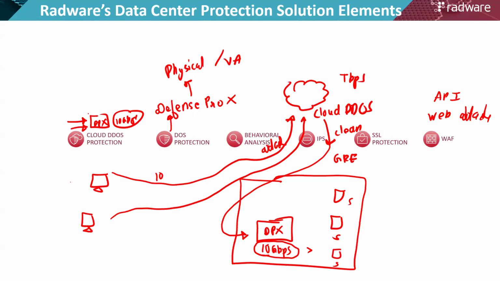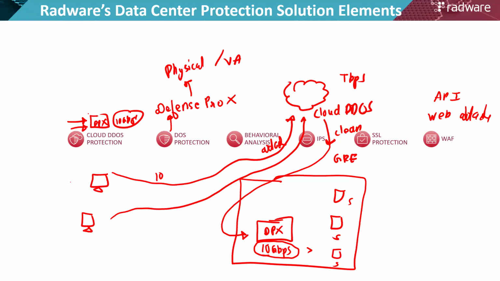So based on the DPX that you have purchased, it will have an appropriate mitigation capacity. What we are talking about is this: if the attack traffic is coming to the local Defense Pro, up to the mitigation capacity of that local Defense Pro, we are okay. We can handle the traffic locally. But if that mitigation capacity is breached, you can deploy a hybrid scenario wherein you forward the incoming traffic to the cloud system.